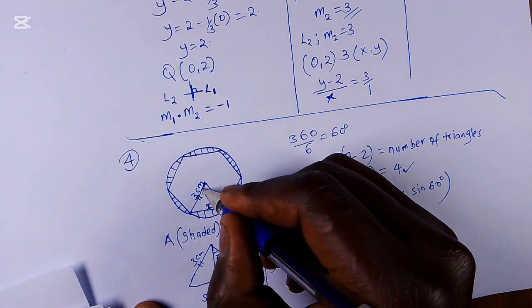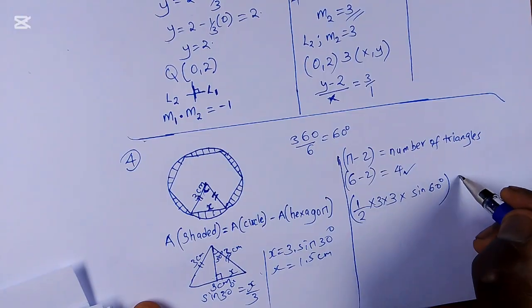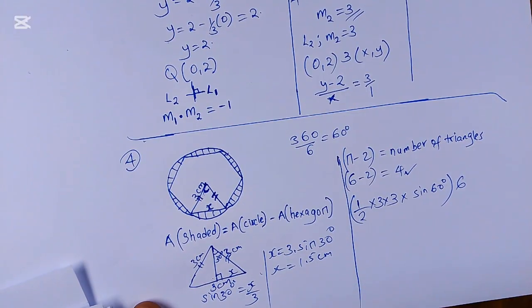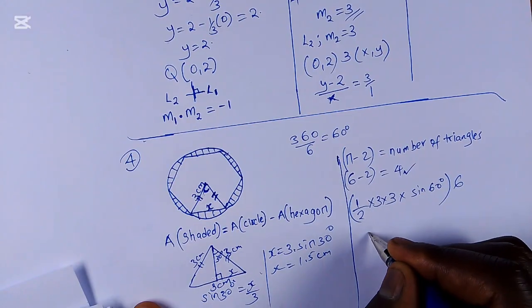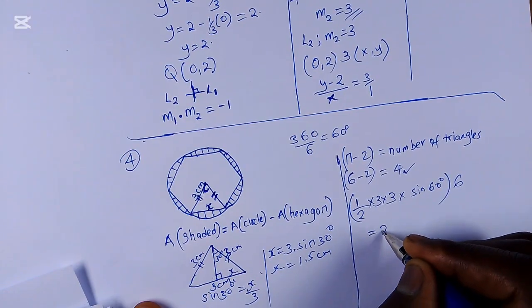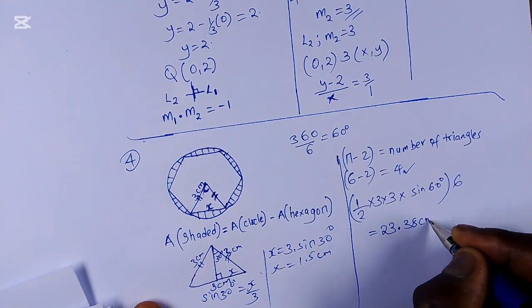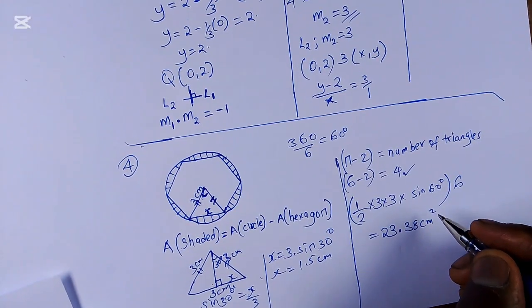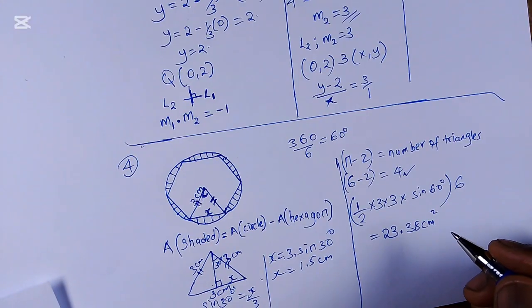Then we multiply it by 6 triangles, and using a calculator, we will have 23.38 centimeters squared.